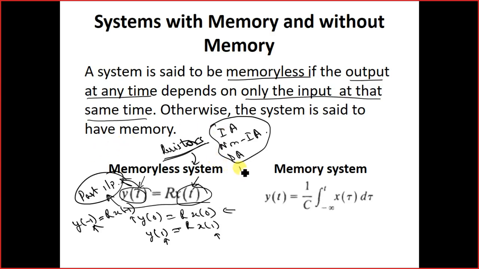So any circuit made with resistors is regarded as a memoryless system. Any system which has capacitors or even inductors is a memory system, and it considers past input values also to give you the present output.